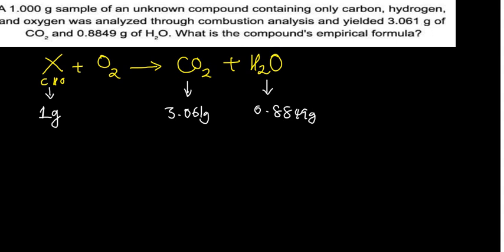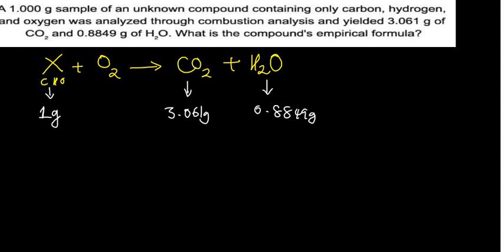So this oxygen is in excess, meaning the whole of this compound is going to burn, and some of the oxygen is going to remain. So the whole of this carbon is going to be converted to this carbon you can see here. The whole of this hydrogen you can see here is going to be converted to this hydrogen you can see here.